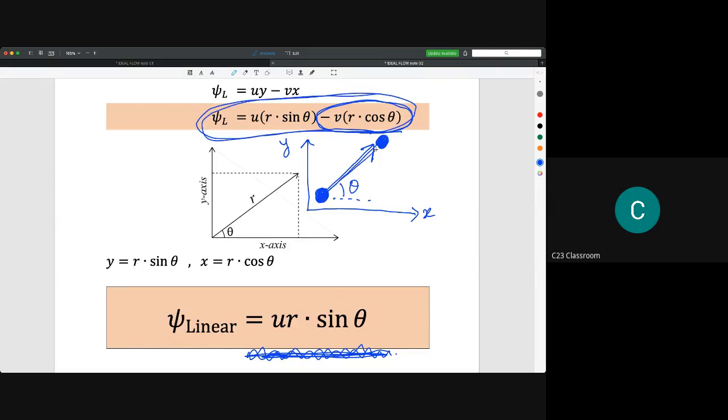Because in this movement, this component has U and also V, and it still has U and V here. So we have theta here. So means that we need to fulfill the value of this one: Uy minus Vx, or Ur sin theta minus Vr cos theta. Okay, this is what we have here.